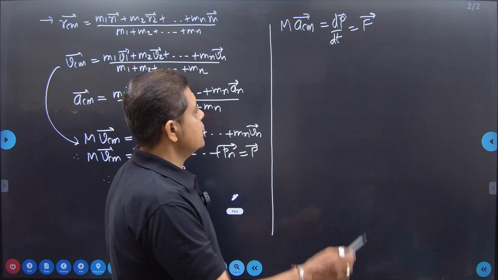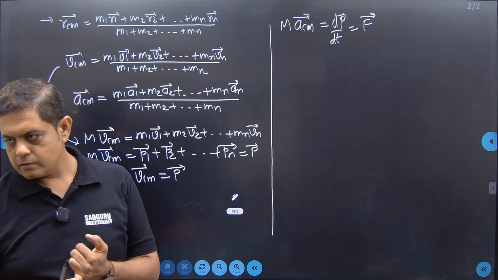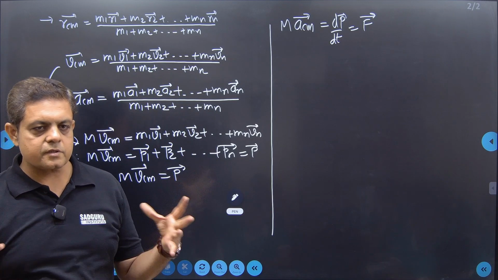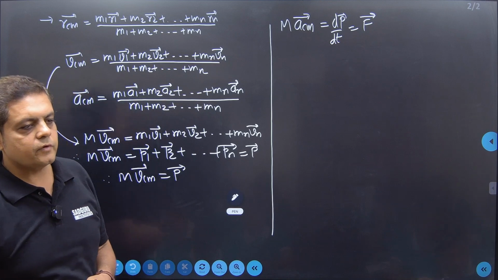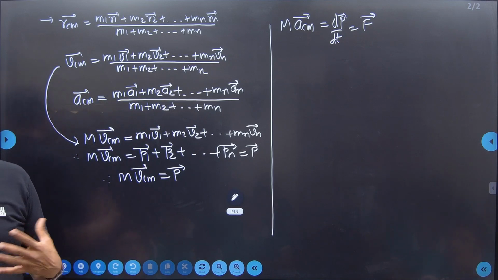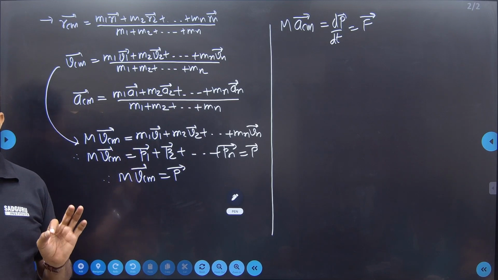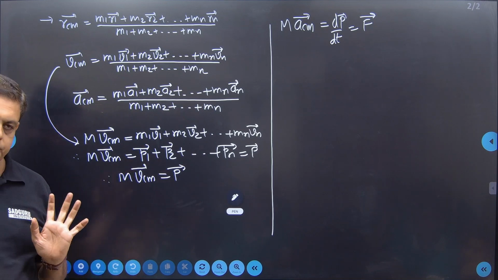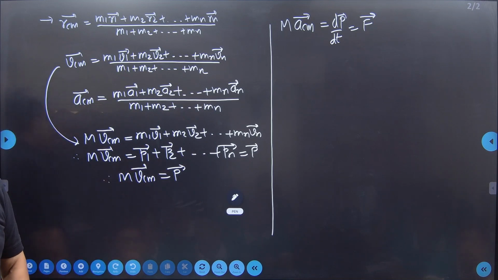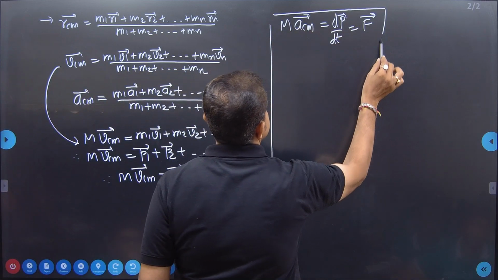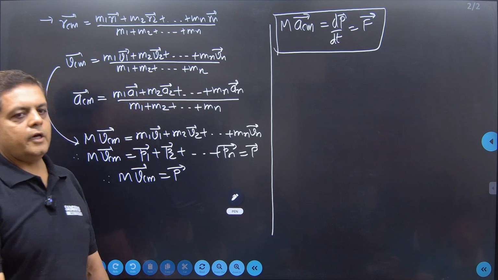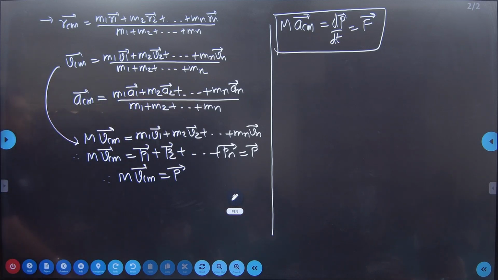Here F is the resultant external force, because we know that for a system of particles, internal forces are equal in magnitude and opposite in direction, so they cancel out each other. So for a system of particles, we will consider only external forces. Clear? So M acm is equal to dp by dt is equal to F, which is Newton's second law for a system of particles.